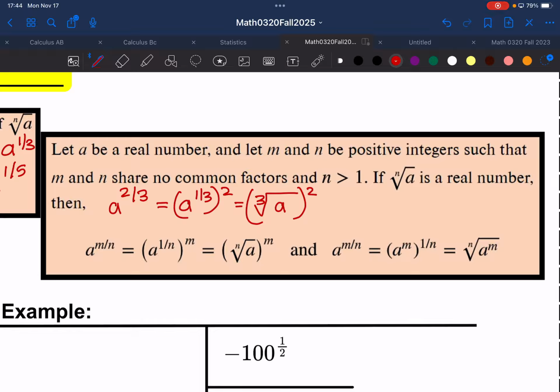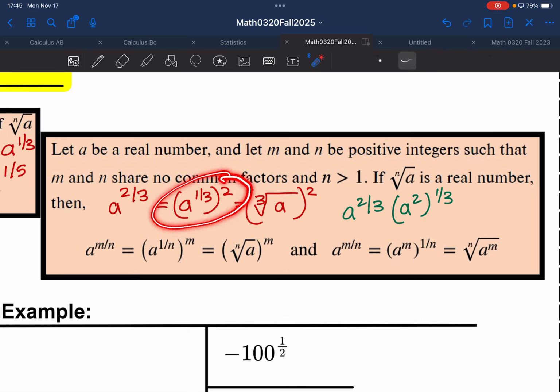But if you look at the next example, you can actually raise a to the exponent before you take the nth root. For example, if we have the same thing, a to the 2/3, we can take a squared and then raise it to the 1/3 power. The only difference is they swapped them. They're still both exponents.